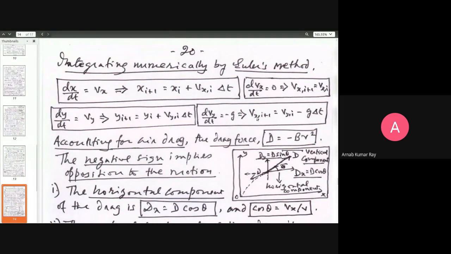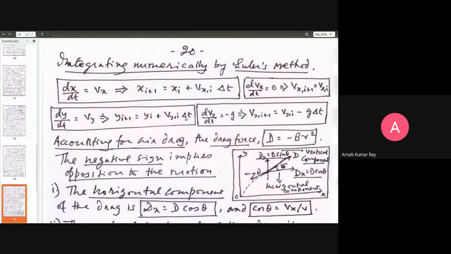Now you can see, because of this g delta t part, Vy(i) is not equal to Vy(i+1). This equality held in the horizontal direction, but not along the vertical direction. So you have to be a little careful. Next is that delta y is equal to Vy into delta t, and then in the Euler prescription you write it as y(i+1) is equal to y(i) plus Vy(i) delta t. That is what you have.